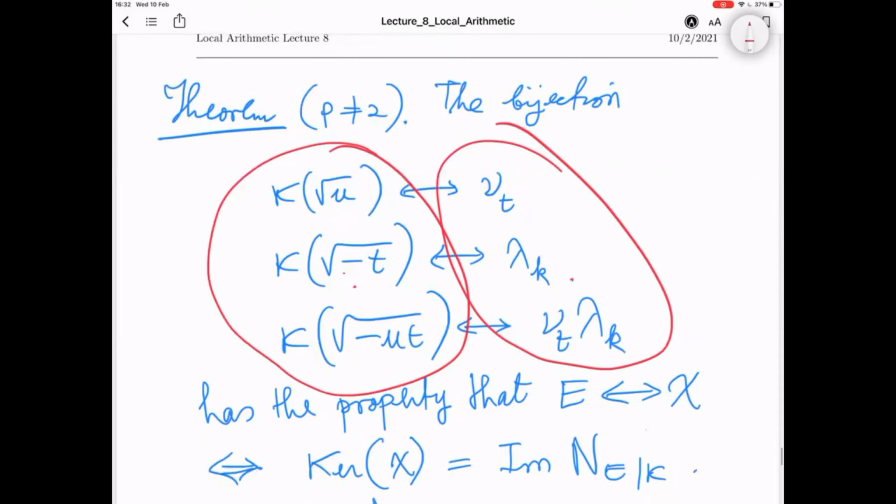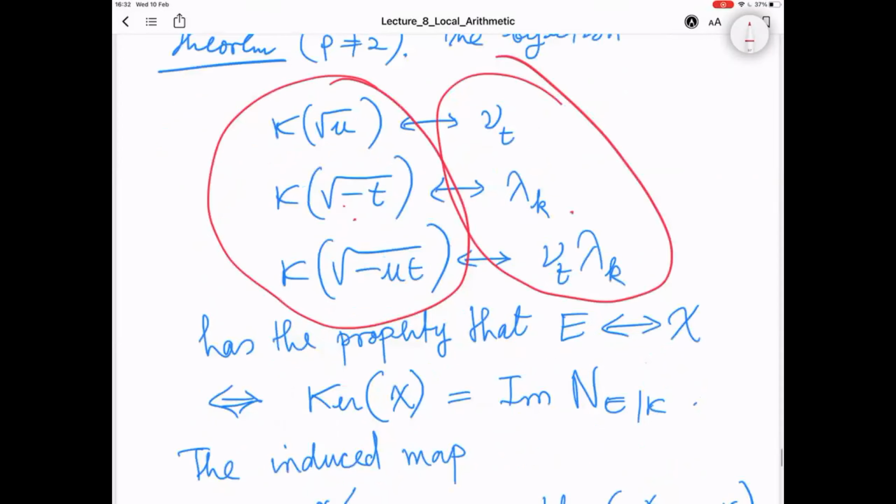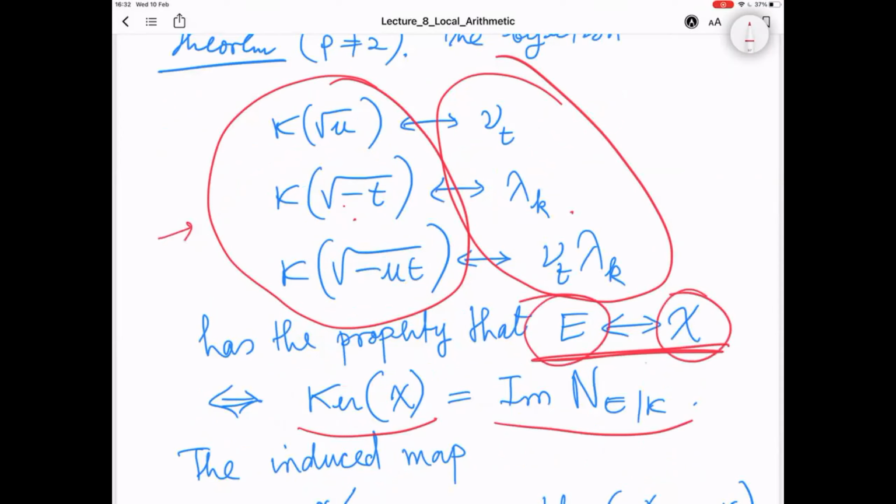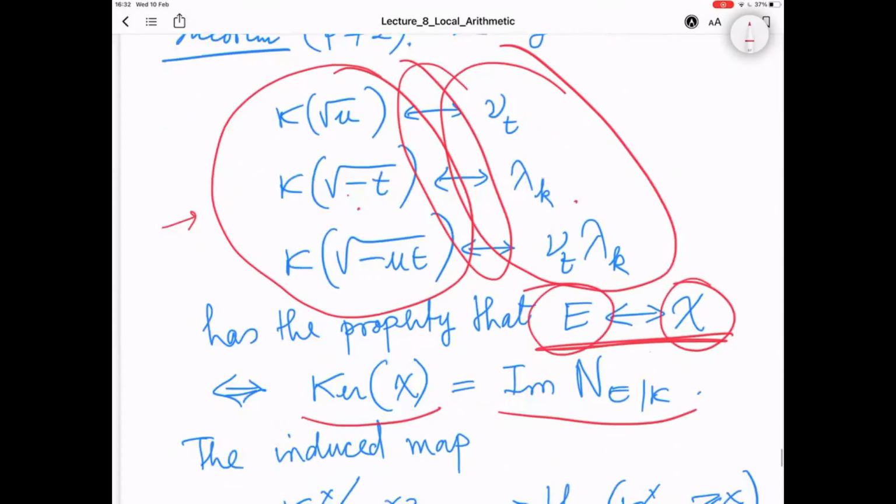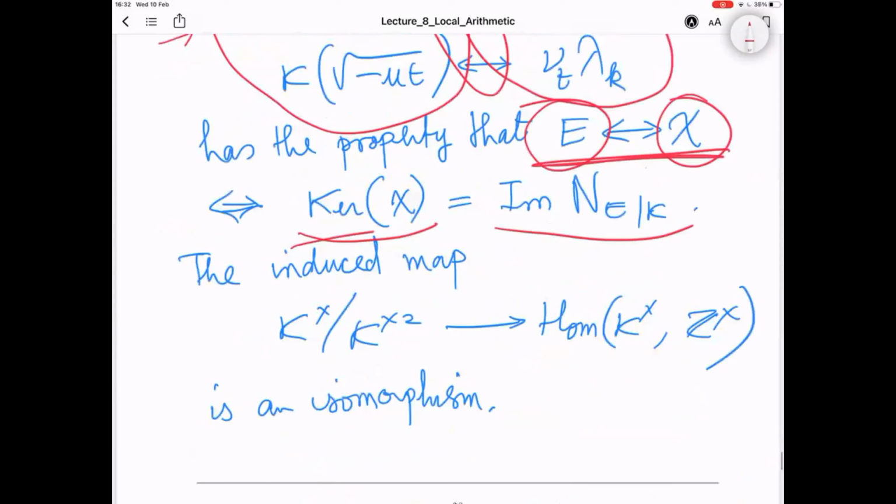But there's only one bijection which has the property that if the quadratic character chi corresponds to the quadratic extension E, then the kernel of chi is equal to the image of the norm map from E. And that's the bijection given here. This is the one which has the property that the kernel of this quadratic character is equal to the image of the norm map.